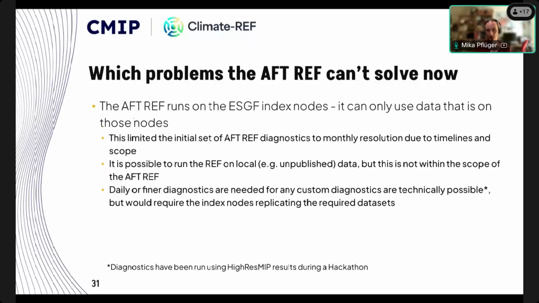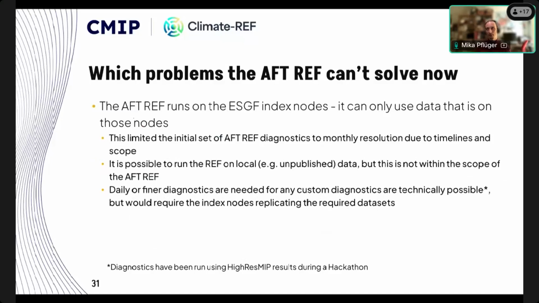And then, of course, the AFT REF can only run on ESGF index nodes, so it can only use data that is available on those nodes. Due to the diagnostics that we wanted to run within the AFT REF, and also, of course, just the tight timelines, we have focused on only monthly resolution data so far. Of course, you can run on other resolution data if you have the data available.